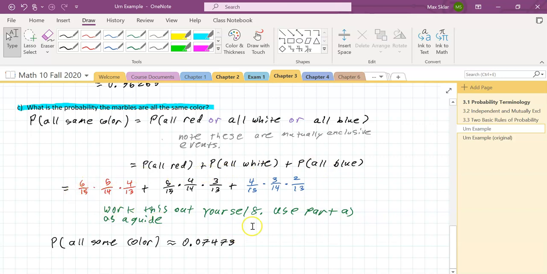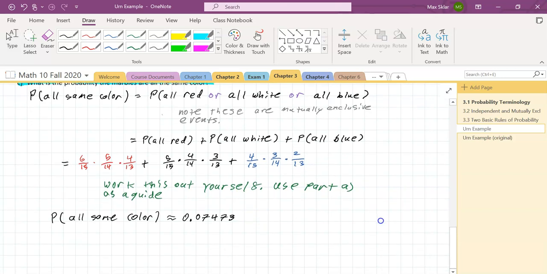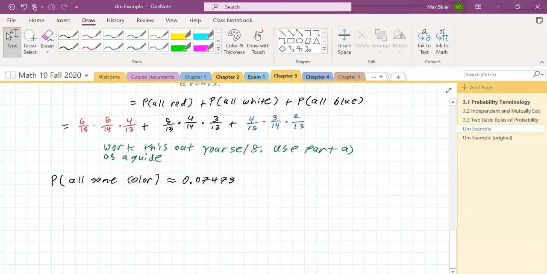I'll leave it to you as an exercise, using part A as a model, to confirm that the probability of all red is as written here in red, the probability of all white is as written in black here, and the probability of all blue is as written in blue, the third term. And this is what I got for the probability of all the same color.